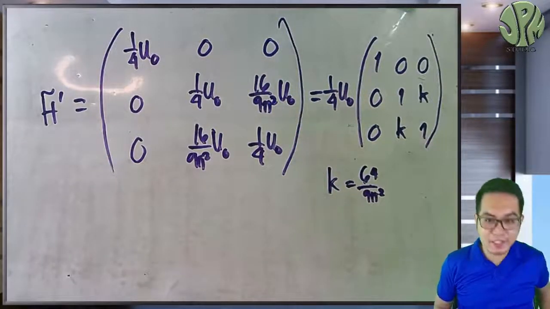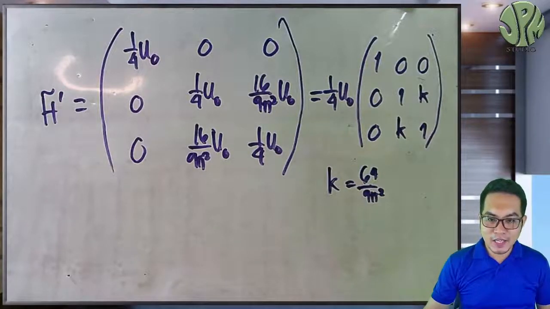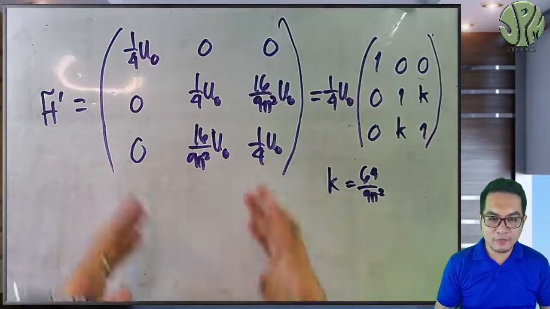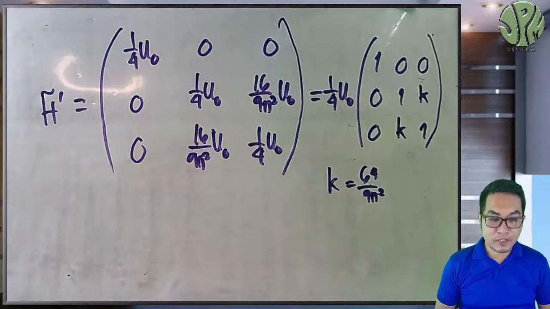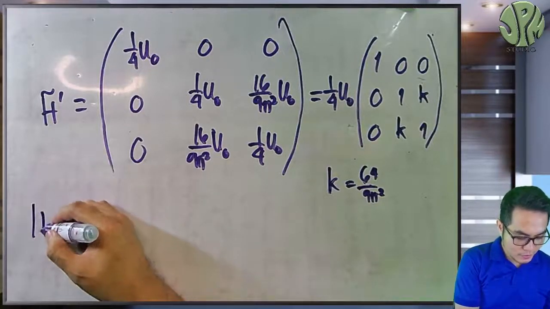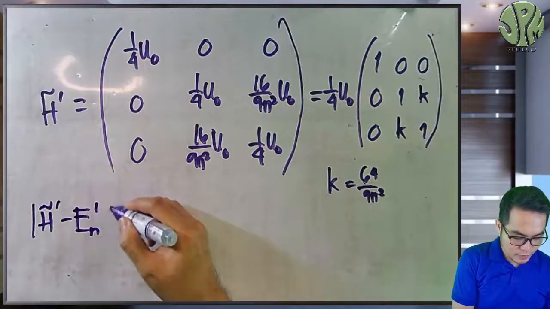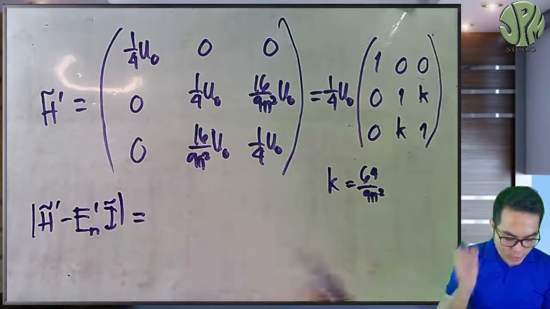So use the basket method. In doing so, you will get 3 roots. So I will leave finding the determinant to you.